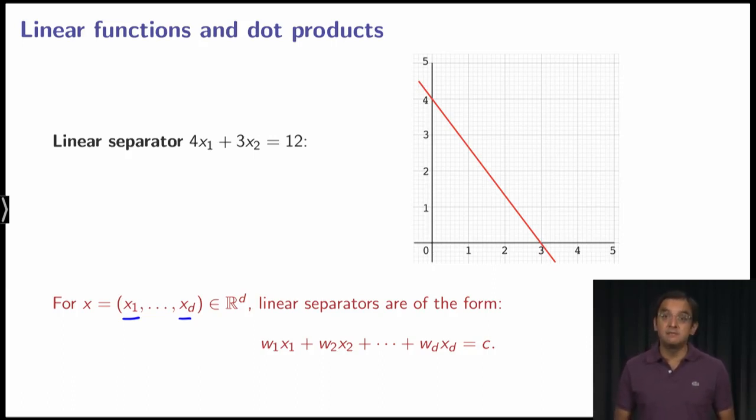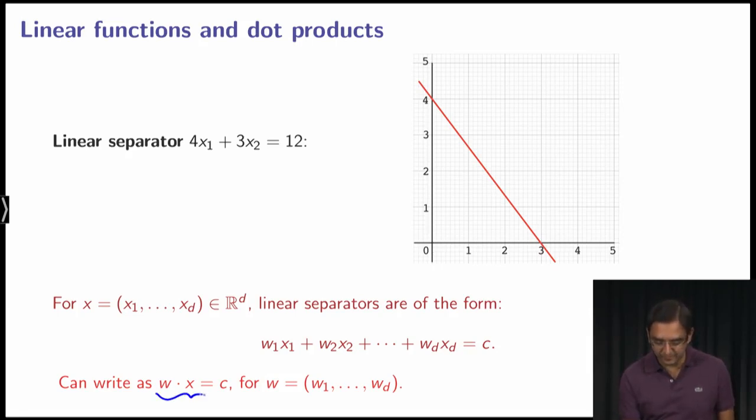This is the form of a linear separator in d-dimensional space. Now, if you look at the left-hand side of that equation, it looks a lot like a dot product. And in fact, it can just be written as w dot x equals c, where w is the d-dimensional vector of coefficients, w1 through wd. So dot products allow us to express linear boundaries.